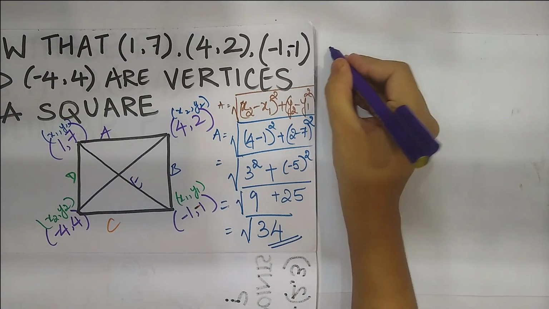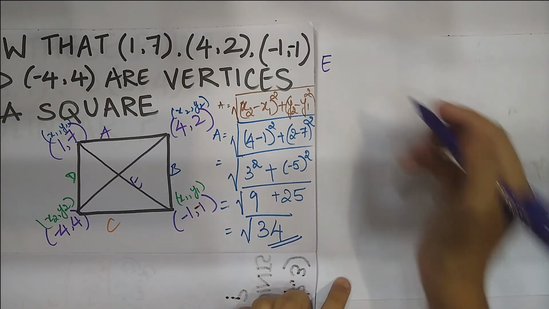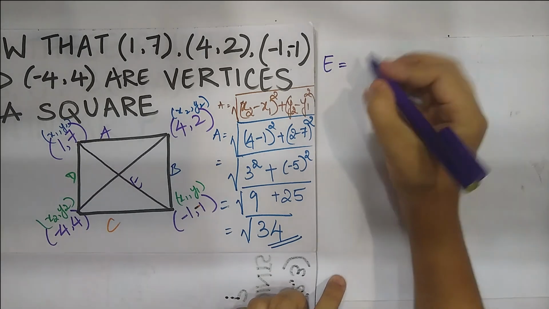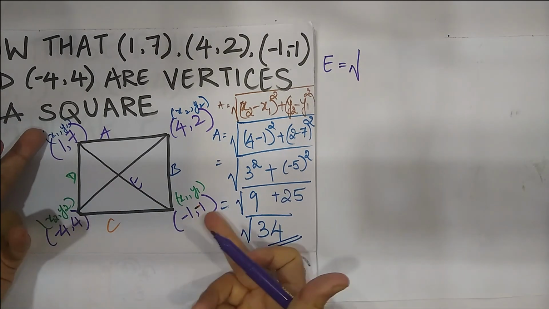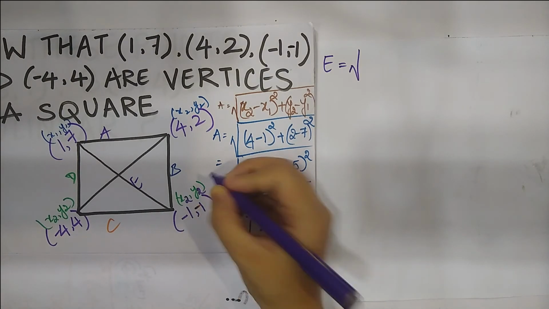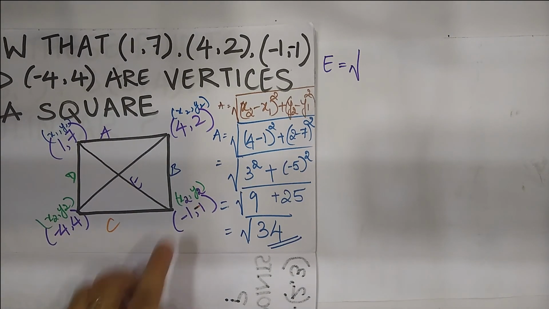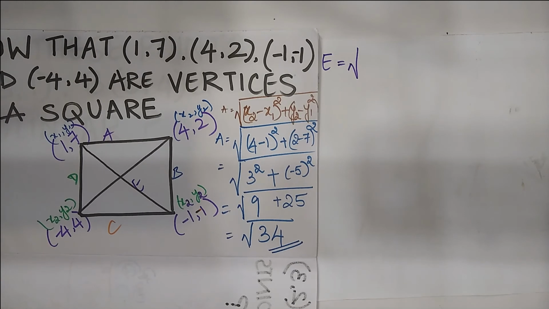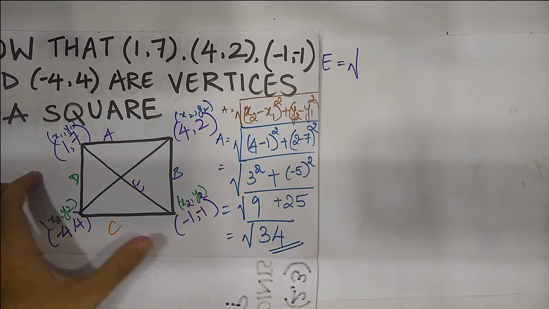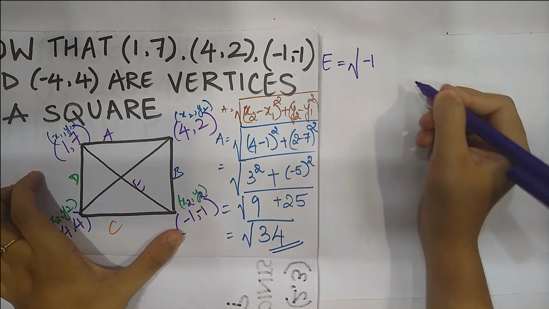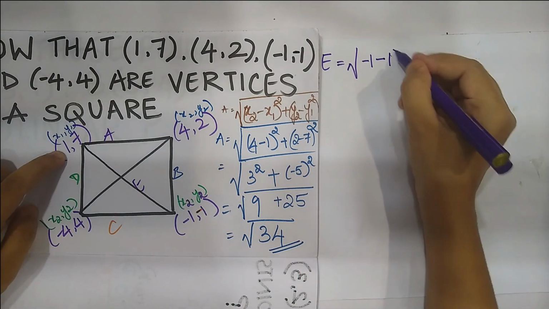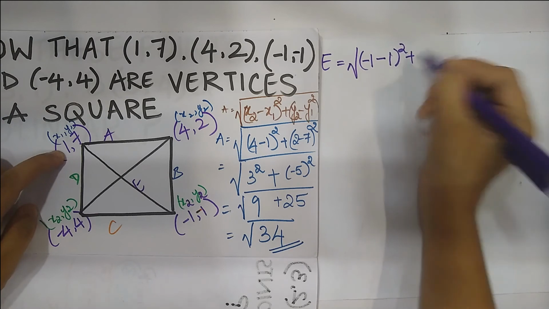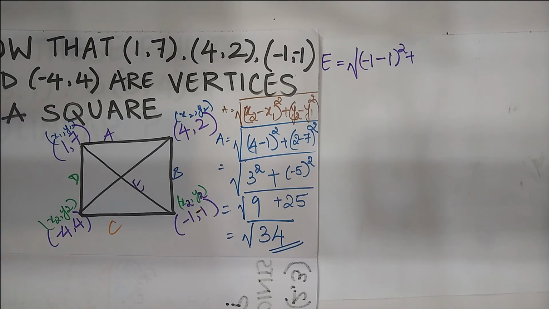Alright. So this diagonal E is equal to square root of, let us take any of these coordinates as the coordinate x2, y2. So let us take this as x2, y2. Then we have x2, which is minus 1. So x2 minus x1, which is 1, the whole square, plus, what is y2 here?